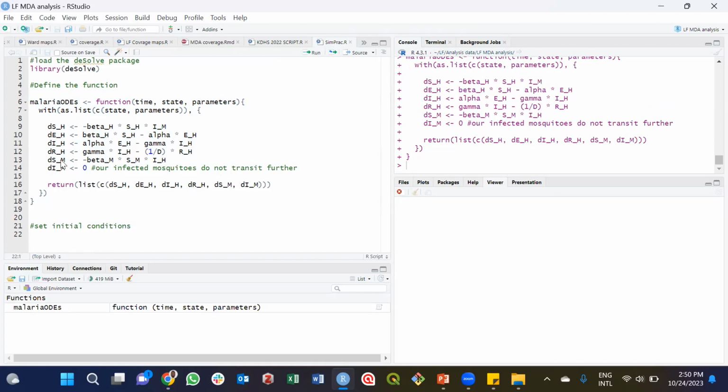So for our case here, we'll set the initial conditions for S of H. So just put them here.